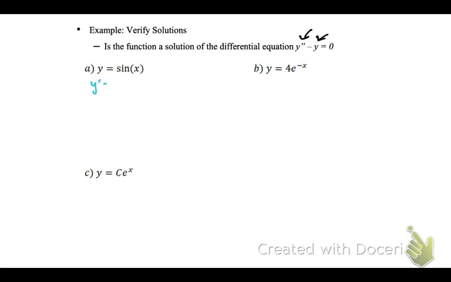So y prime would be what? Cosine of x. And y double prime would be negative sine. So we're going to plug it now into that formula. So y double prime, so negative sine of x minus sine of x.